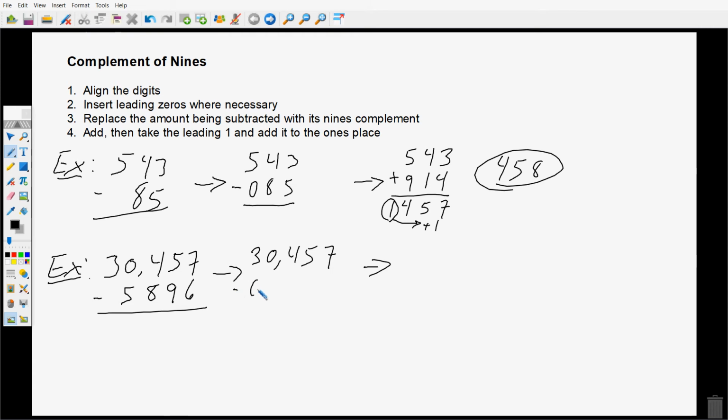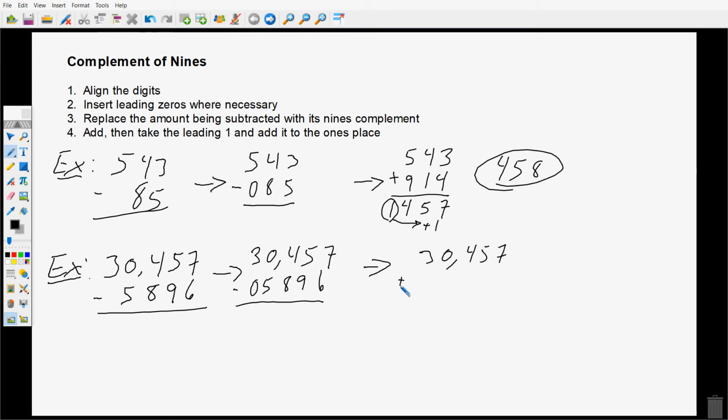So I need 1 leading 0. And now I'm going to change this from subtraction to addition. Still have 30,457. But now find the nines complement for each digit from what was being subtracted.